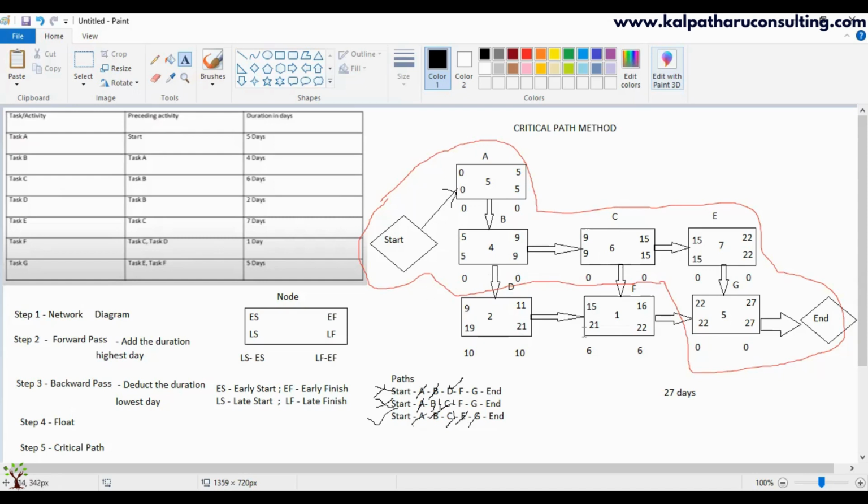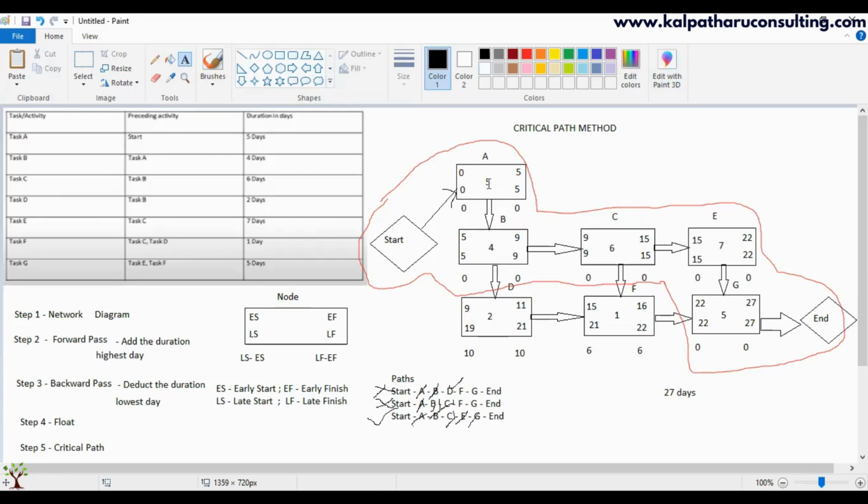Another thing is, we saw crashing, fast tracking and all the schedule compression techniques. These schedule compression techniques are better done on the critical path. You'll have a benefit out of it. I'll show you how. Let's take D, which is outside the critical path.